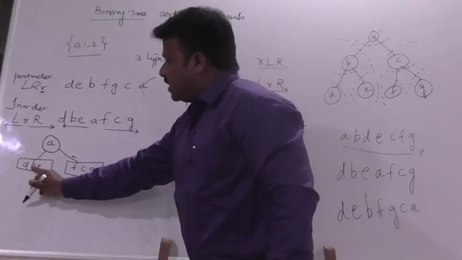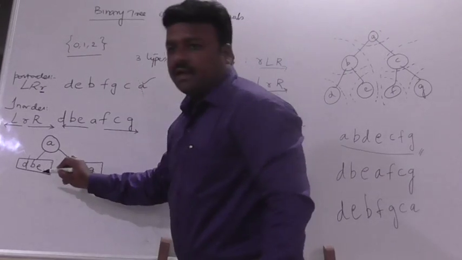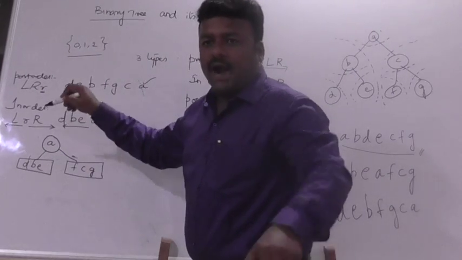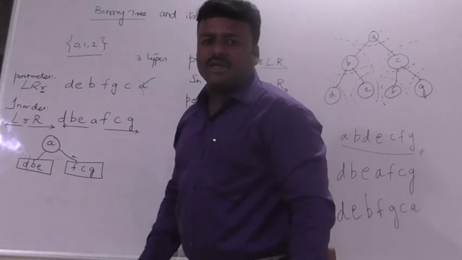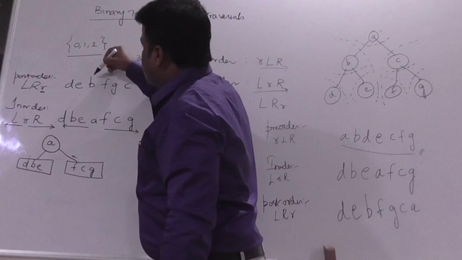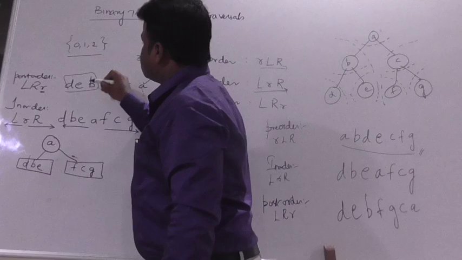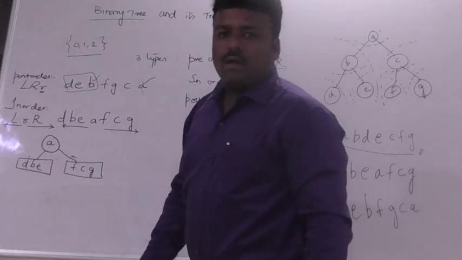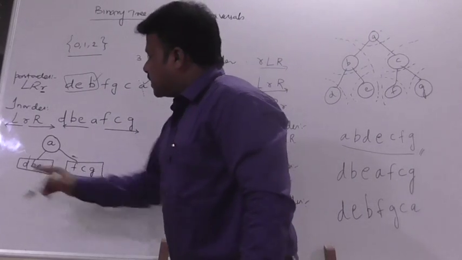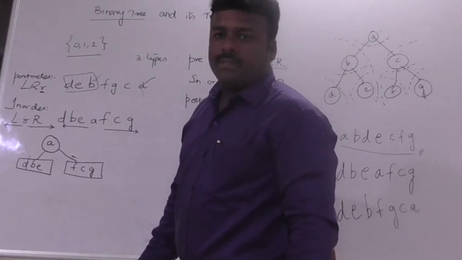Now find the elements D, B, E in post-order to identify which element must be the root node. See, D is there, E is there and B is there. Among these three, the last visited is B. Surely we can say that B is the root node among D, B, E. Okay?